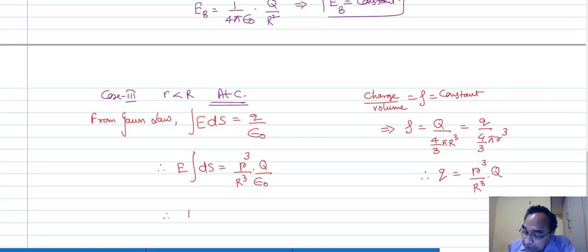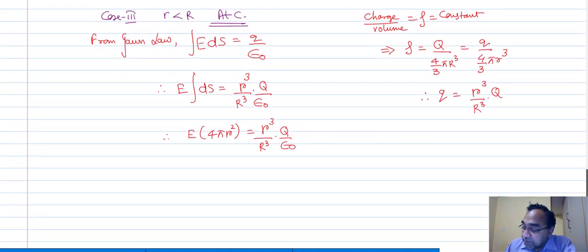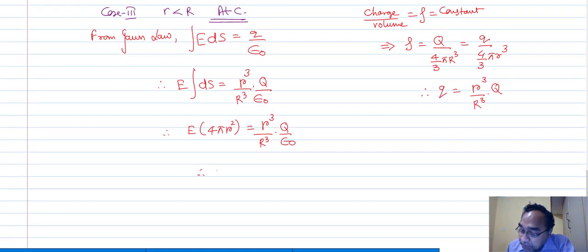So therefore, E into 4 pi r square is equal to r cube upon R cube into Q by epsilon naught. Simplify this. When you simplify, we get r square and r cube here. So this will come out as 1 by 4 pi epsilon naught, then Q by R cube, and r will come. This is what is E at C.